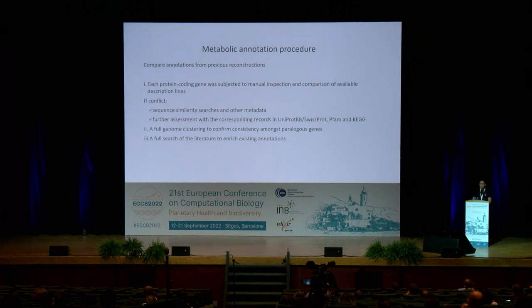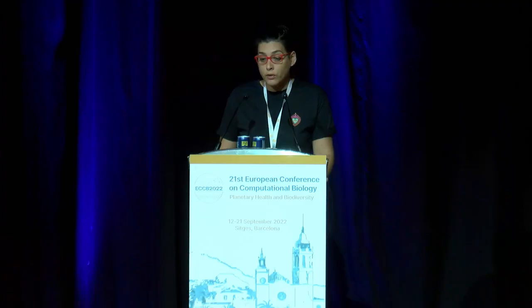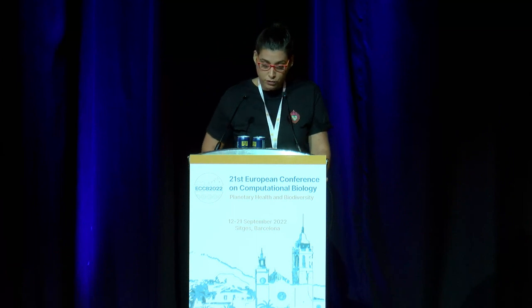If a conflict was present, we searched further for sequence similarity and utilized other metadata from the corresponding records in UniProt, PFAM, KEGG, and elsewhere. When these comparisons ended, we proceeded to a full genome clustering to confirm consistency amongst paralogous genes. And lastly, an exhaustive literature review followed to enrich existing annotations.